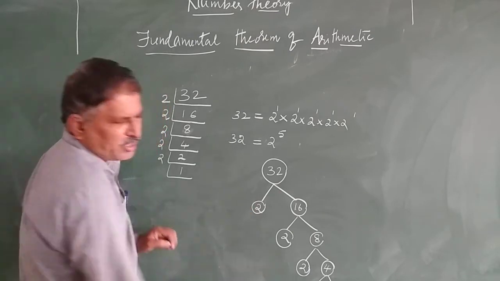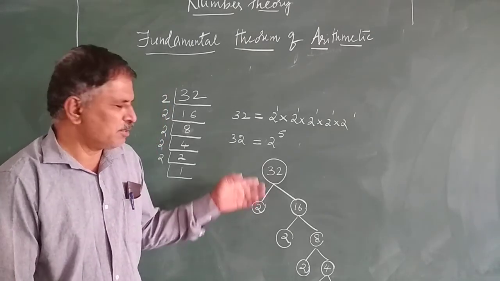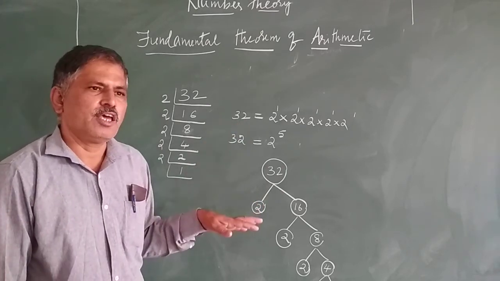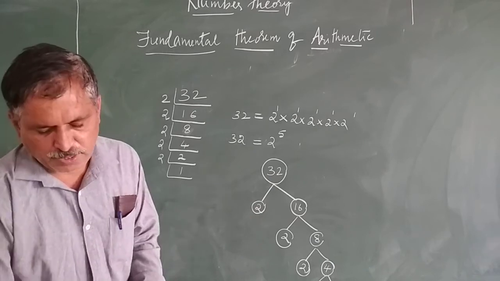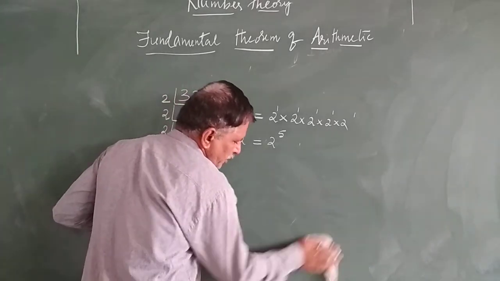This is called the tree method also. But most of the students will not use this method, they will go with the prime factorization method. So this is how we are supposed to do it.